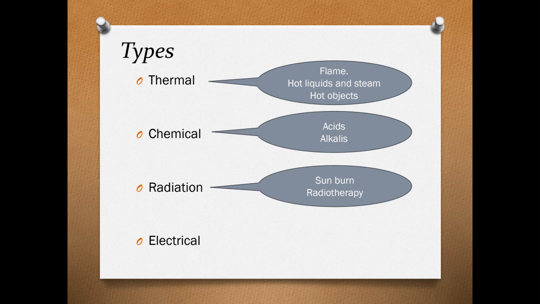While with coagulation, there is less penetration of the tissues. Then we have the radiation burn, which can be due to sunburn and radiotherapy. And then we have the electrical burns, a special type of burn. We are going to elaborate on all these types of burn in the coming minutes.